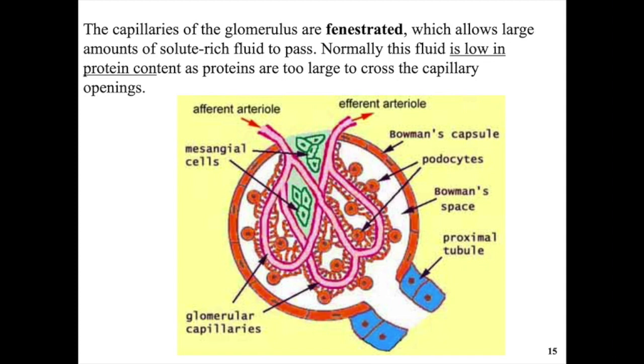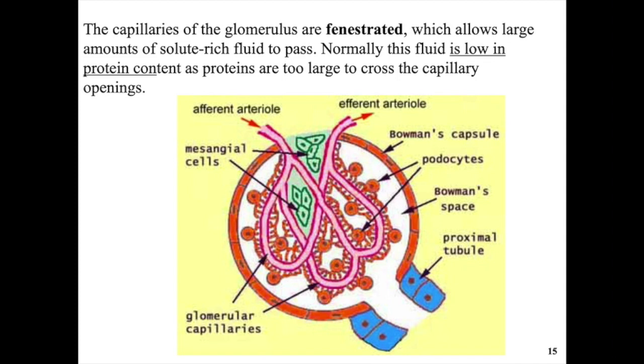So the first component is that the glomerular capillaries are fenestrated, meaning that they will have pores. So now we are talking about something we can discuss. What can cross? What can be filtrated? And we can say that what can be filtrated needs to be small enough to pass the pores.